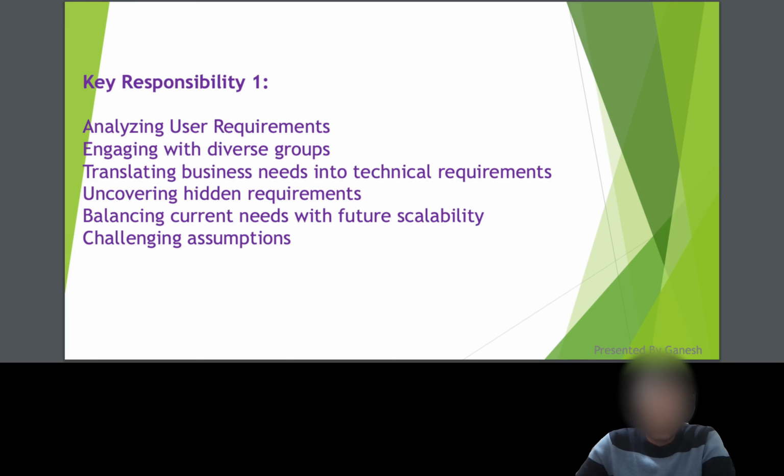Challenging assumptions: they are not afraid to question requirements that might lead to technical debt or inefficiencies. By thoroughly analyzing user requirements, solution architects lay the groundwork for a successful project that truly meets business needs.